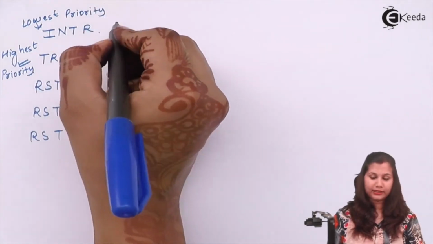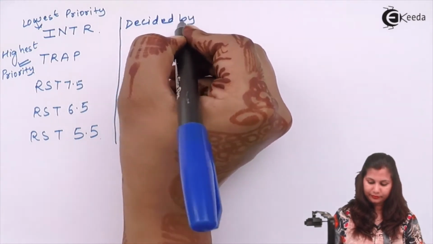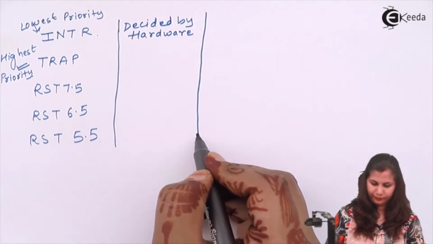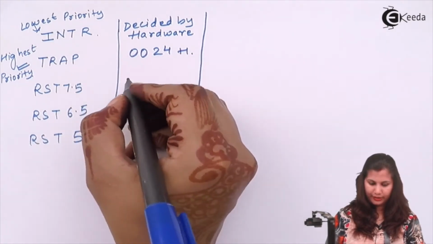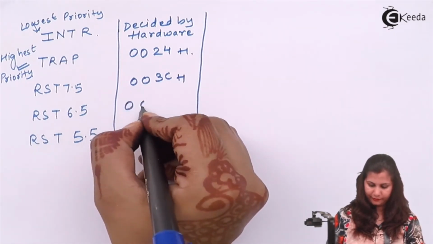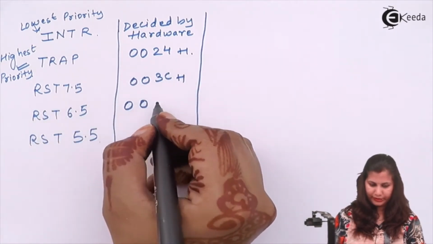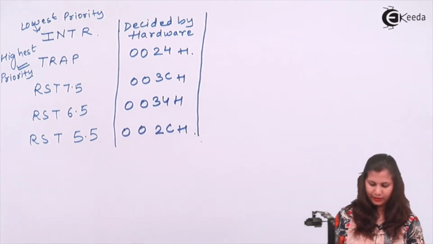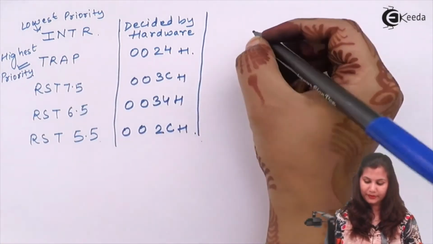Now for INTR, the address is decided by the hardware. For trap, we have 0024H. RST 7.5, we have 3CH. 6.5, we have 34H. For trap, it's 24, for 7.5 it's 3C, then 34, and then 2CH. These are the vector addresses where the service routine for these interrupts is being written.